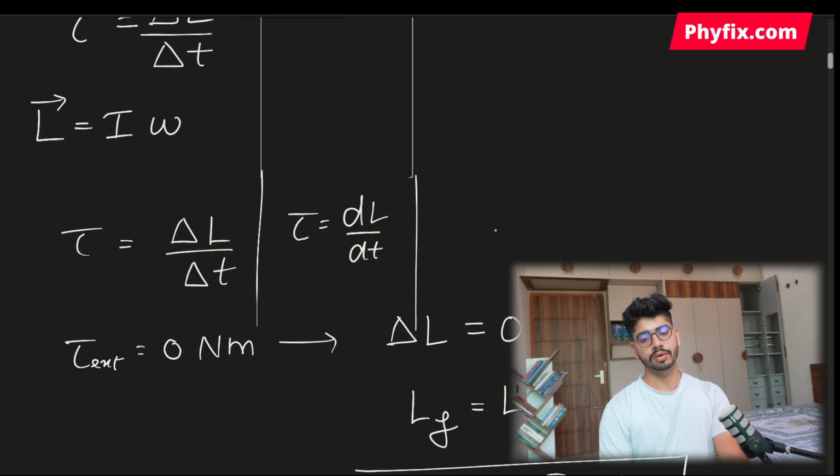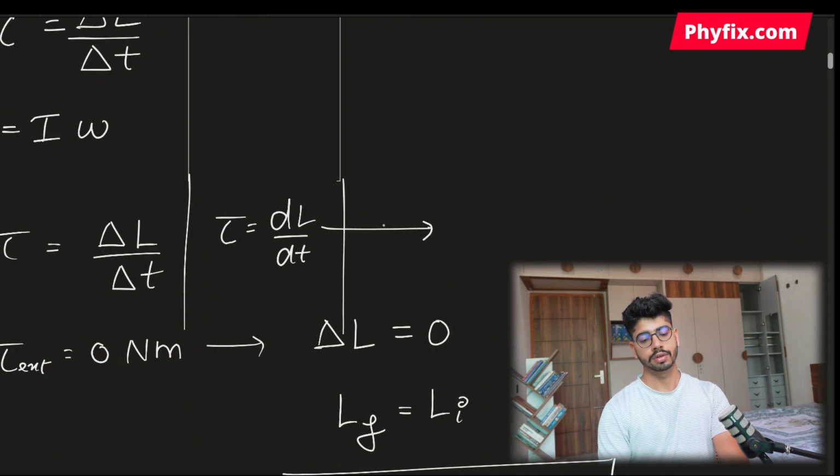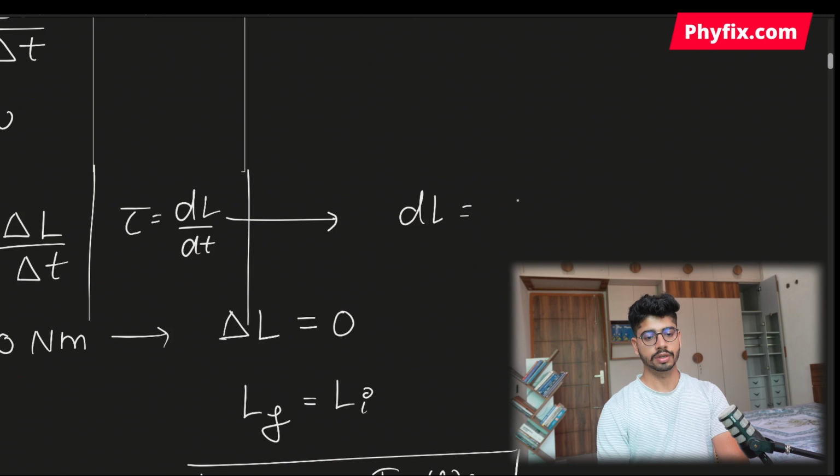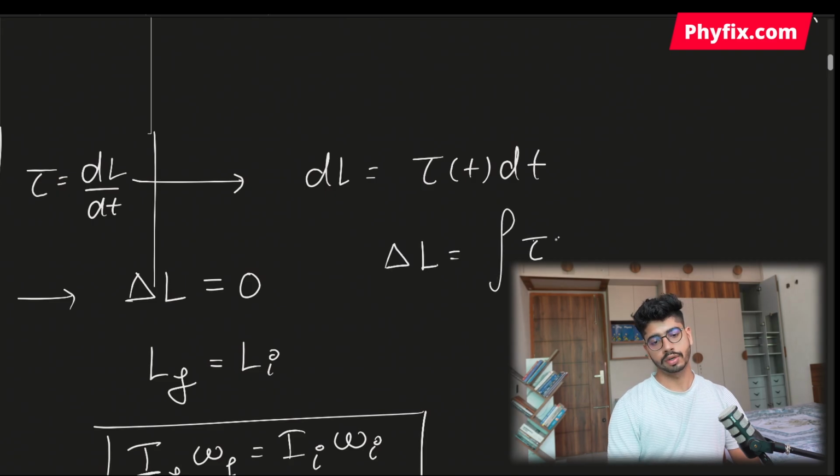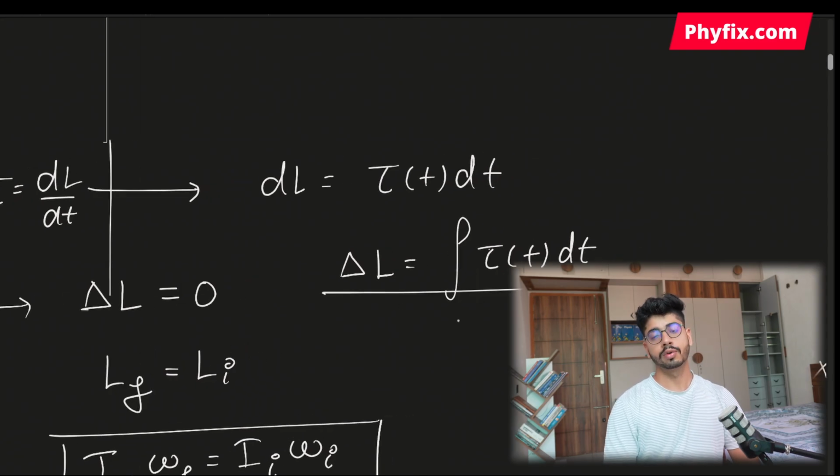If I have to find the change in angular momentum, you can take it that dL is equal to torque times dt. This is only for the calculus point. So the change in angular momentum is nothing but the integration of torque dt. We call it angular impulse.